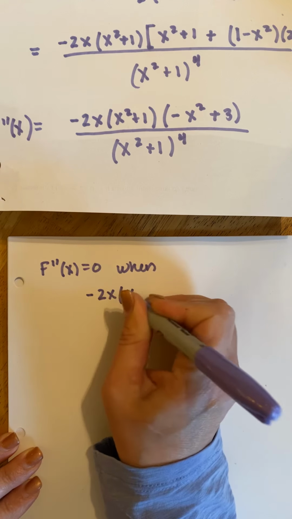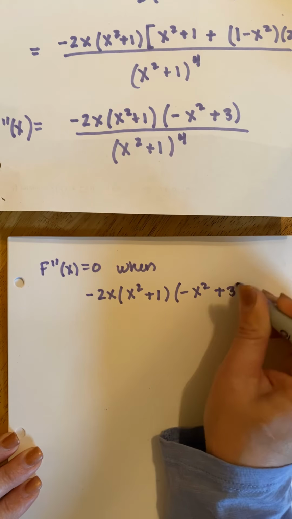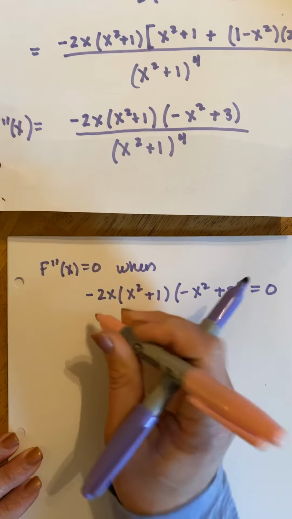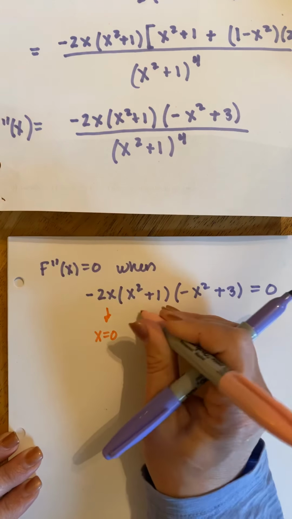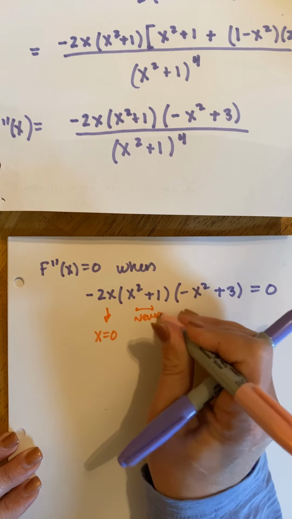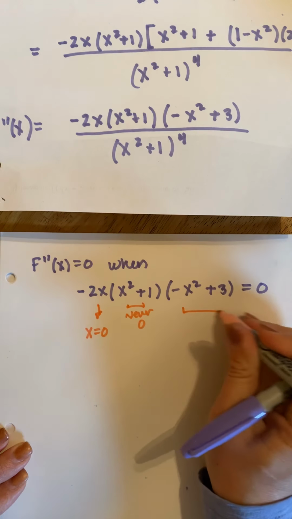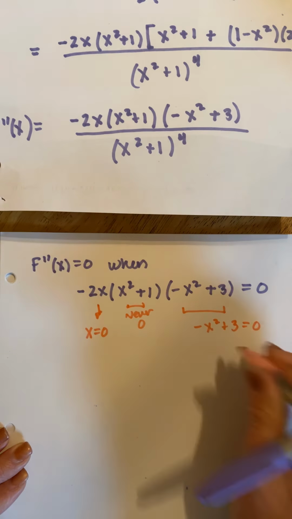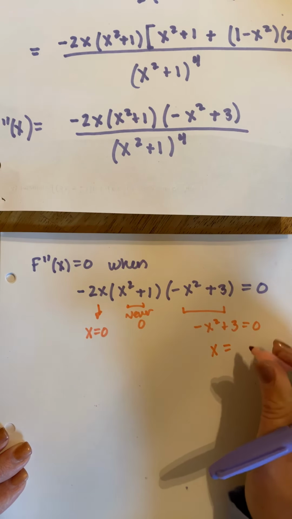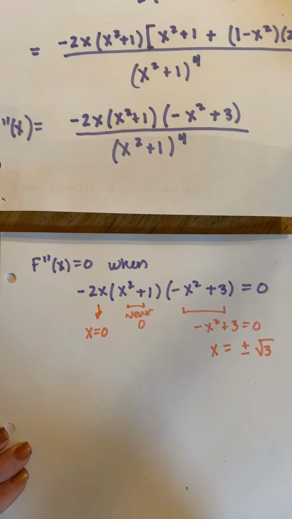And without too much craziness, we factored this nicely. So right here, we get x equals 0. We'll make the numerator 0. This is never 0, because x squared plus 1 is always positive. And then here, we're going to solve -x squared plus 3 equals 0. And we're going to get x is equal to positive or negative square root of 3. Add x squared to both sides, take the square root.